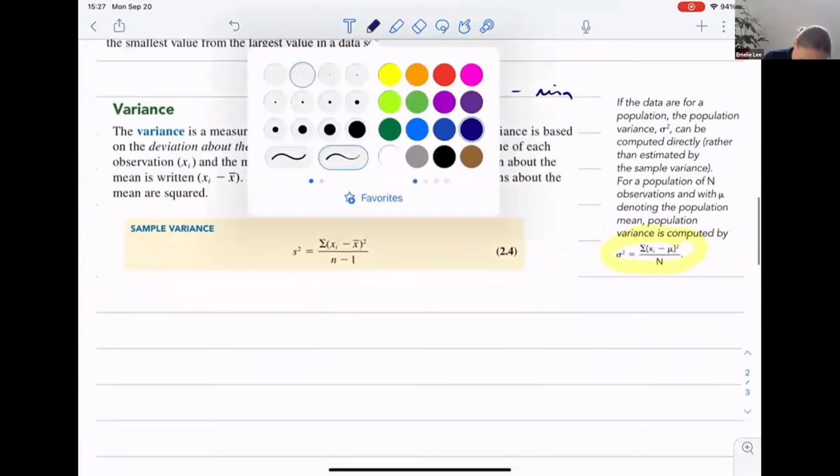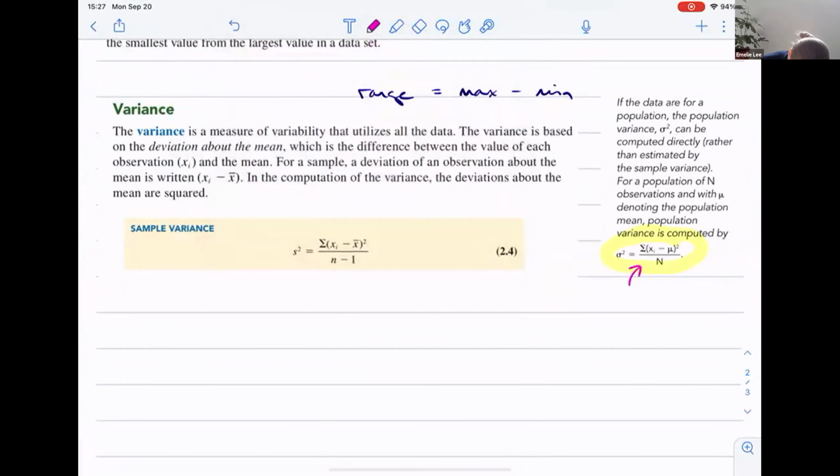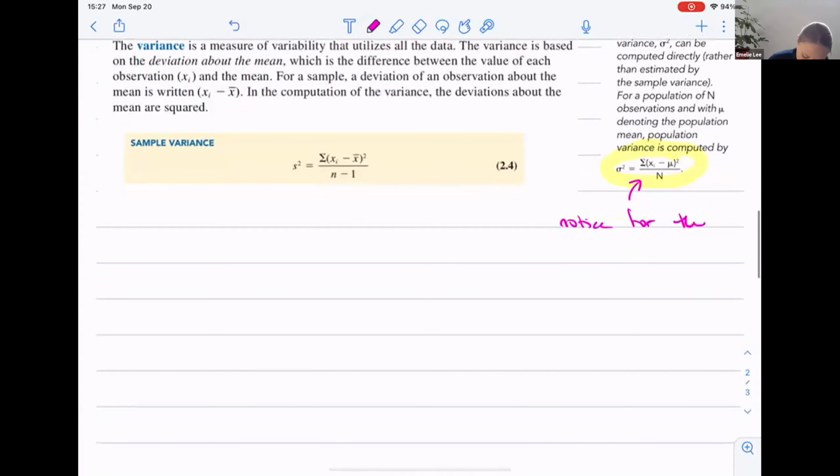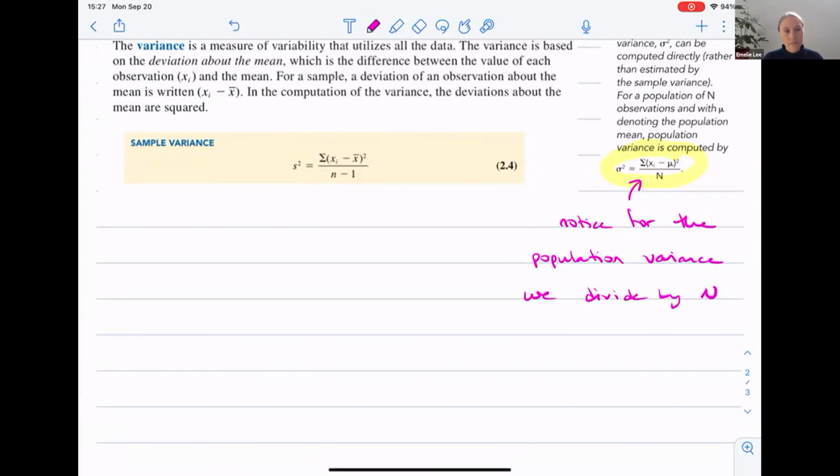So notice for the population variance, we divide by n, right?